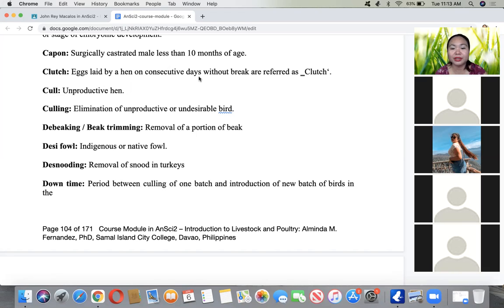Ilang beses per day mangitlog? Is it twice a day, every day, or one time? Hindi po, ma'am. Every day, yes. Every day, yun yung expected na kanyang pangingitlog. But some, if not that really good, every other day sometimes. So tawag sa kanila ay clutch.